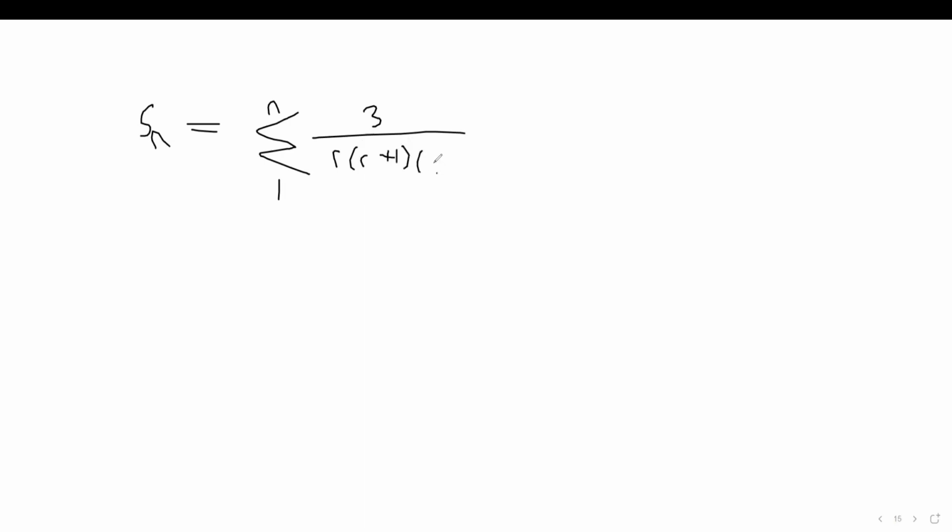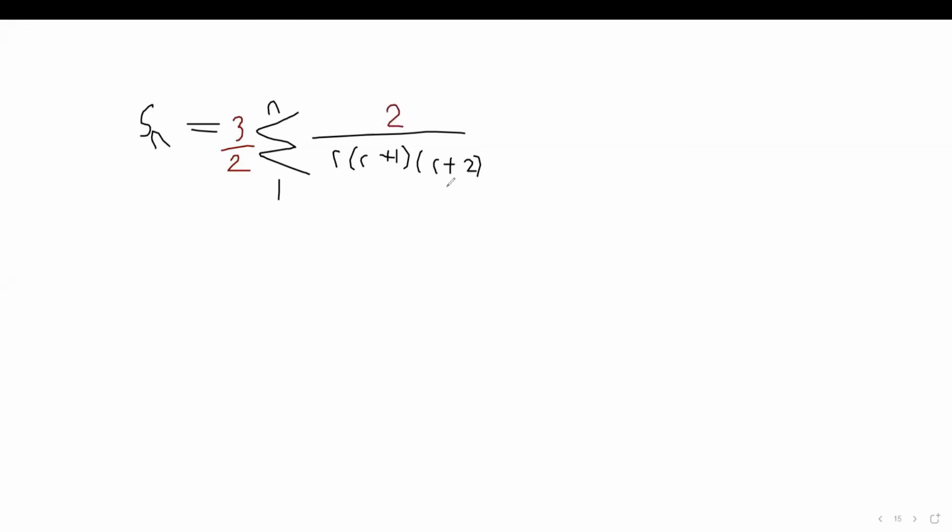Now you see that 3 there? We don't want to work with no 3. We need a 2 right there. So what we're going to do is multiply by 2 over 2, and then we switch the 3 and the 2.